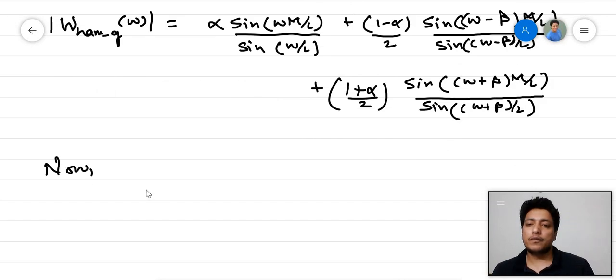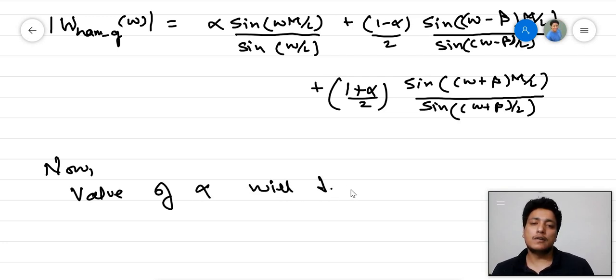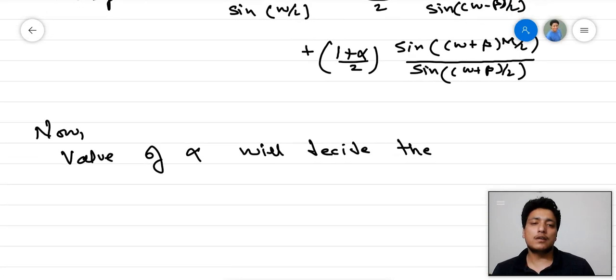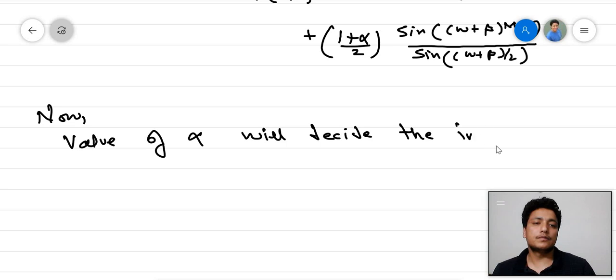Now the value of alpha will decide the impact of the window.